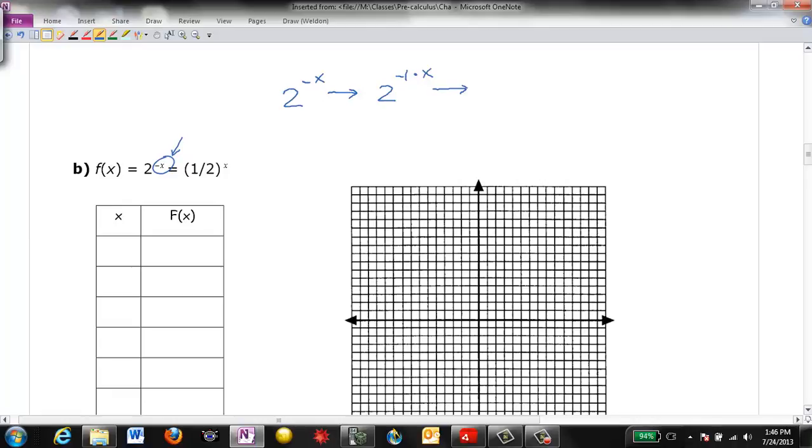So I can rewrite this as 2 to the negative 1, quantity raised to the x power. Then you should be able to recall that 2 to the negative 1 is the same thing as 1 over 2, in parentheses, raised to the x. So that's how we get (1/2) to the x.